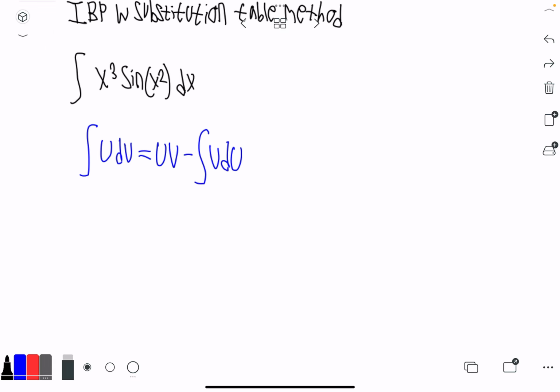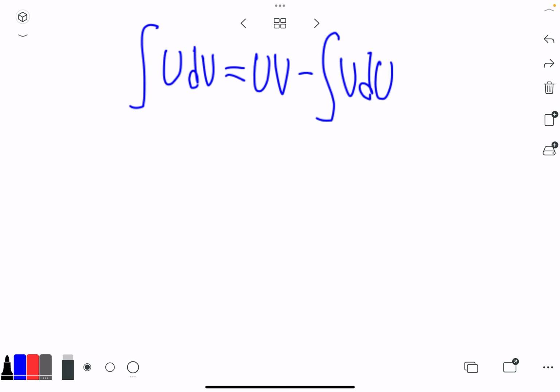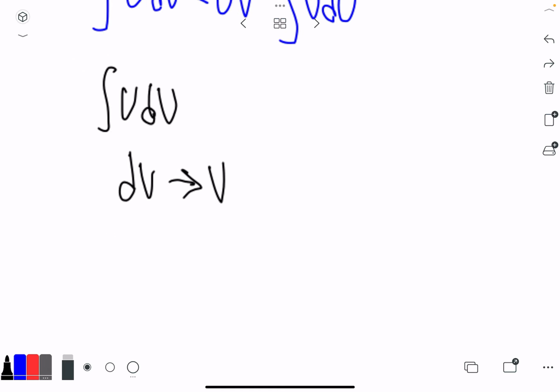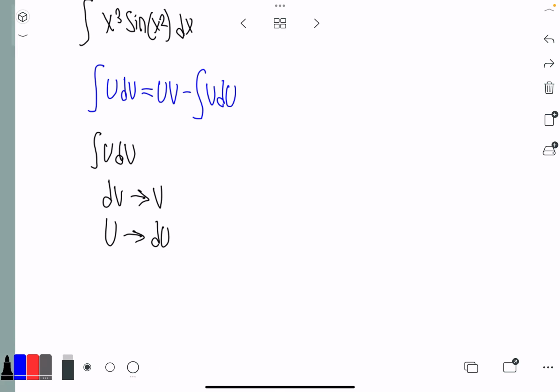Now looking at this equation, what does it mean? It means that once you can write an integral in the form of integral of u dv, you need to integrate dv into v and differentiate u into du, right?